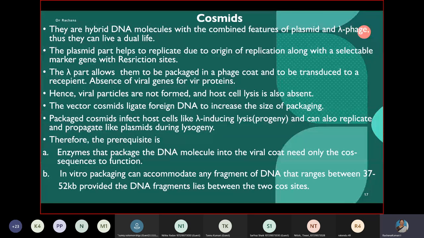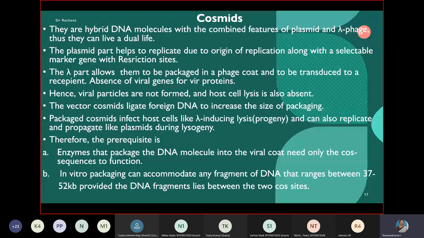And the second thing is, because the selectable marker gene is studded with restriction sites, it is easy for us to identify which of the plasmids is consisting of the desired target gene of interest, because it is having the restriction sites for restriction enzymes.